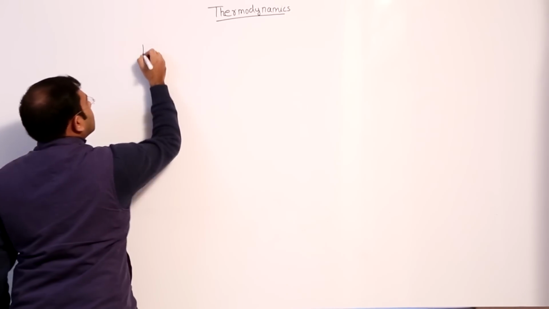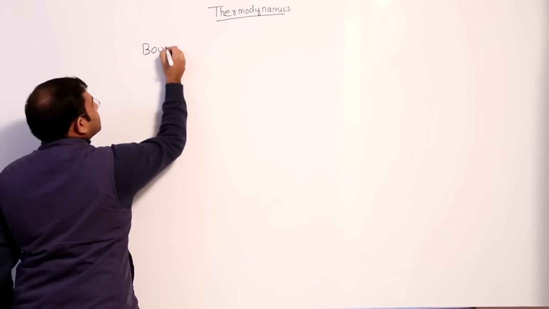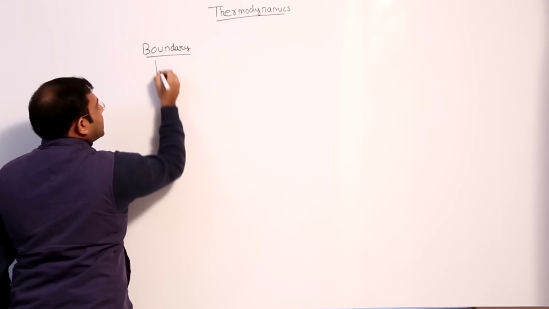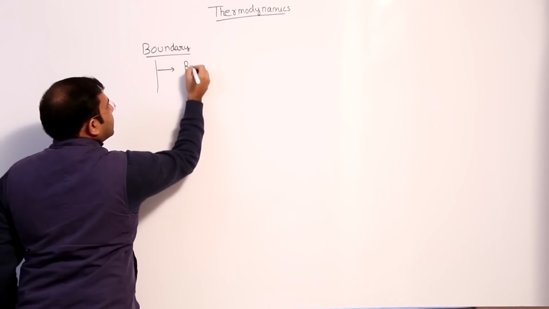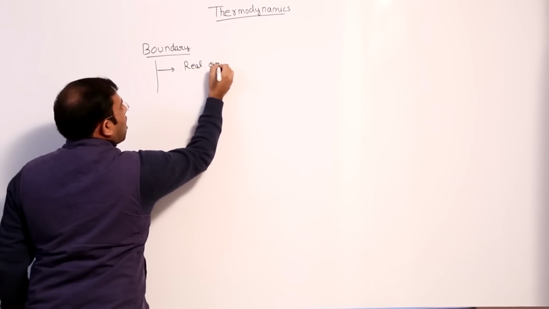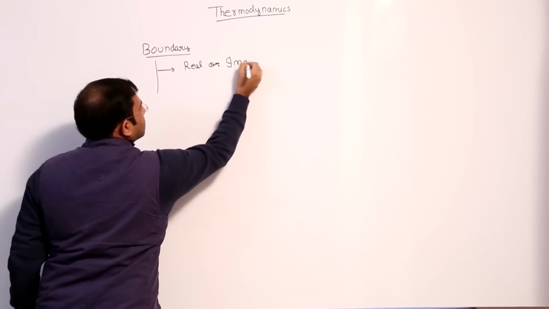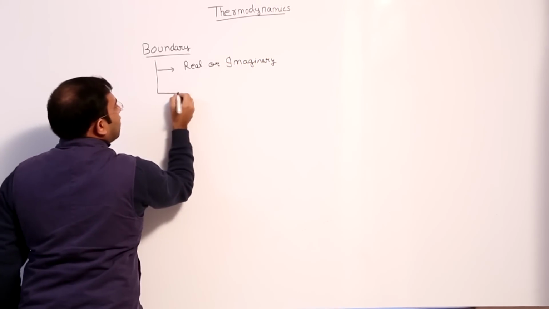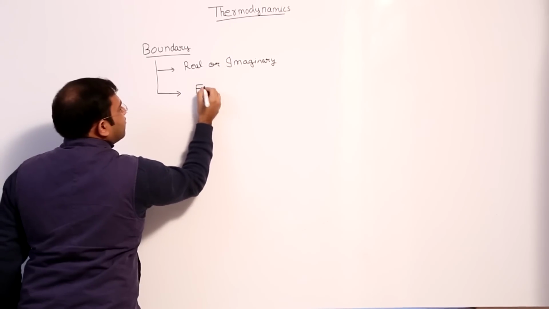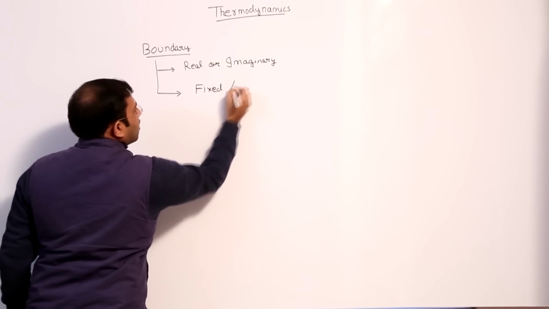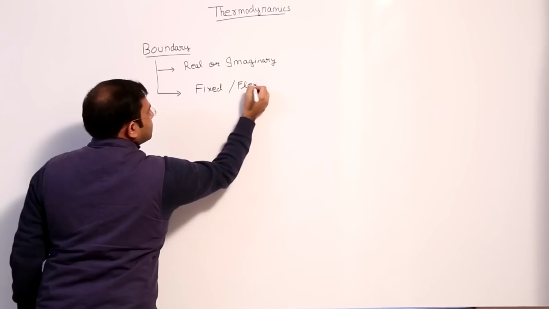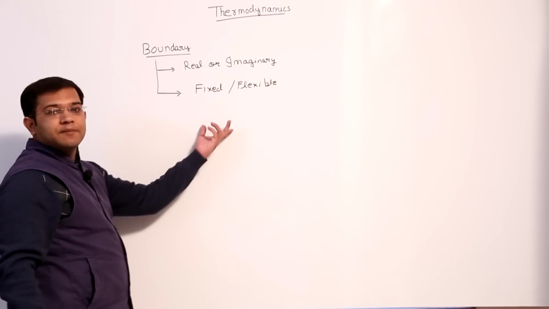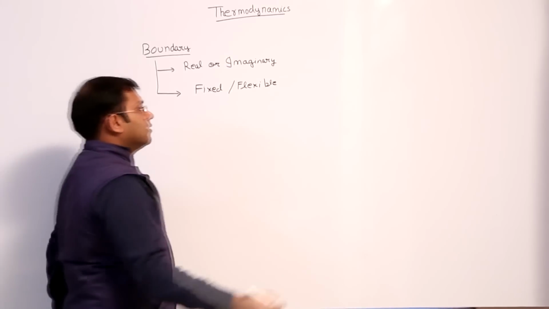Now see, boundary can be real or imaginary. Similarly, boundary can be fixed or flexible. Now let us understand various types of boundaries with examples.